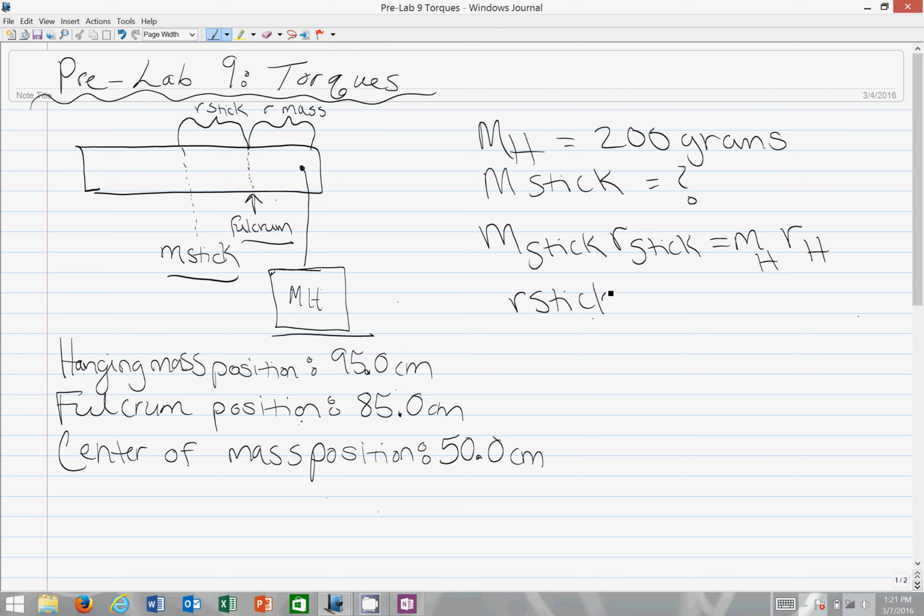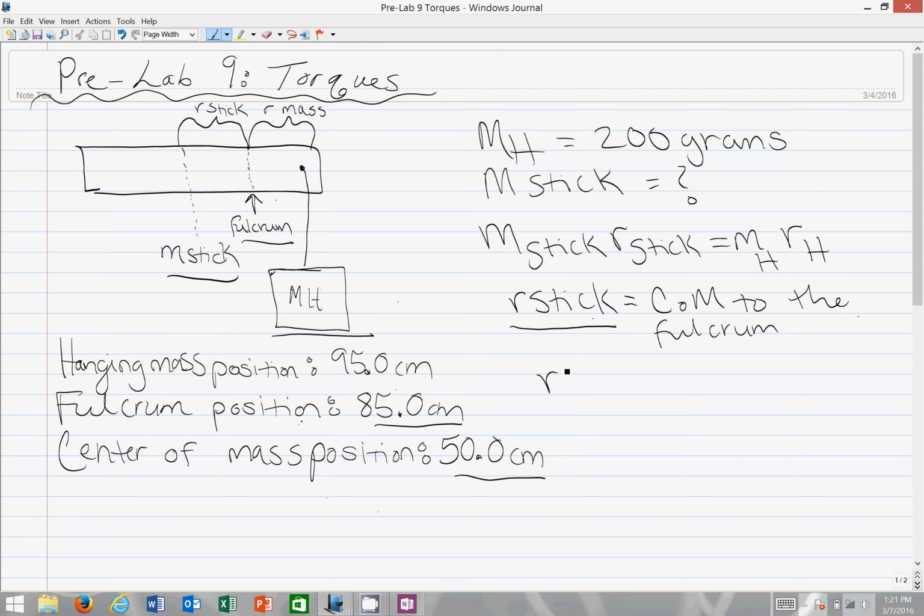R of the stick is going to be the position from the center of mass to the fulcrum. We know that the center of mass is located at 50 centimeters and the fulcrum is located at 85 centimeters. Knowing the distance from the center of mass to the fulcrum, we will have r of our stick.